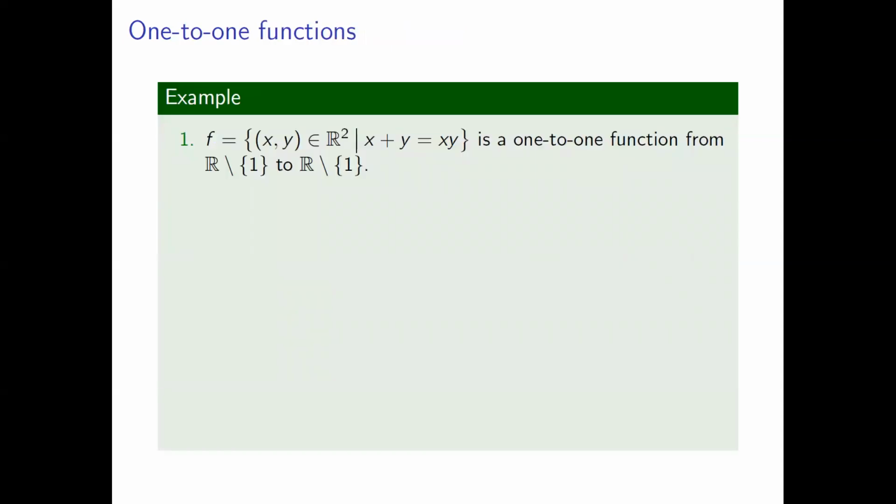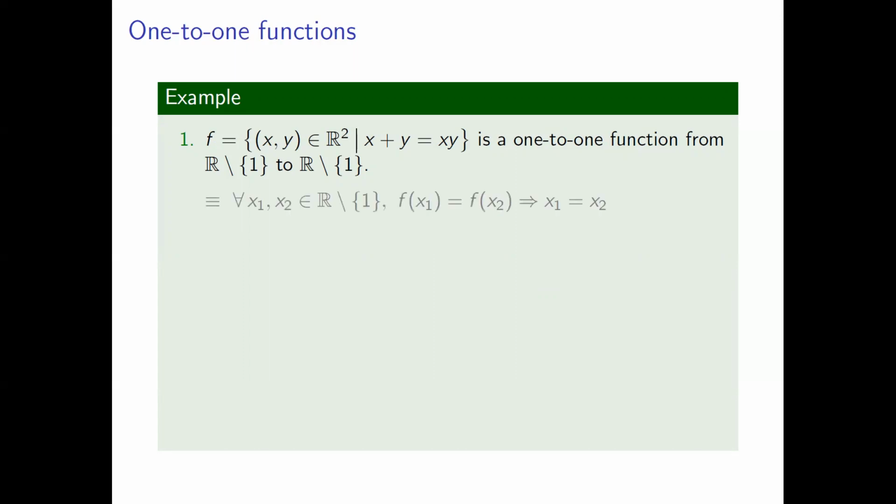Consider the function f consisting of all ordered pairs xy of real numbers satisfying the equation x plus y equals x times y. We claim that f is a one-to-one function from the set of all real numbers not equal to 1 to the set of all real numbers not equal to 1.